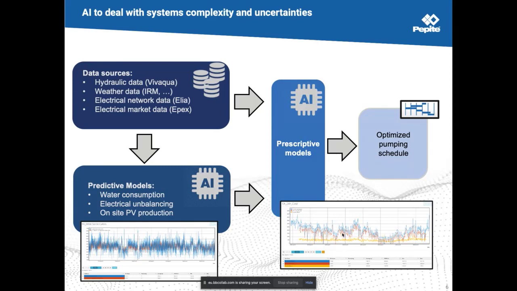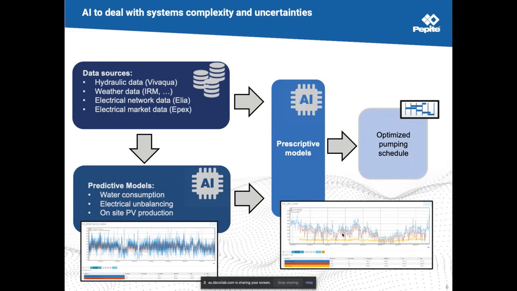The first thing that we have to do there is to build a reliable predictive model, and that's the first part where artificial intelligence will be used: to build predictive models so that we can better predict water consumption, but at the same time better predict the electrical imbalance on the power network.